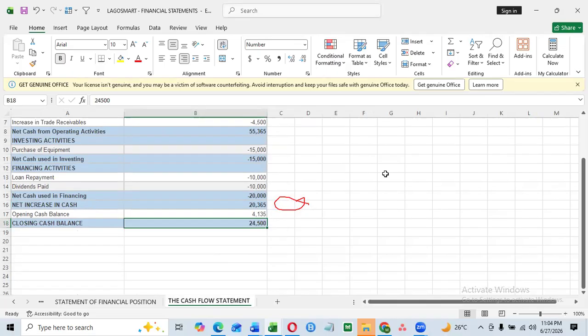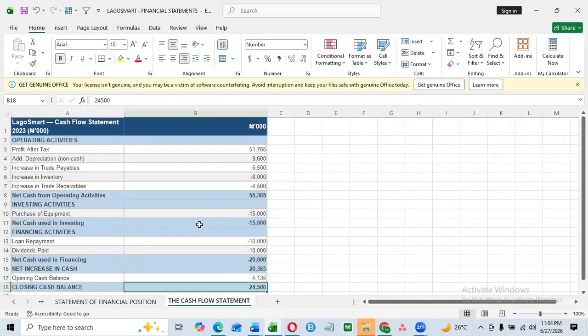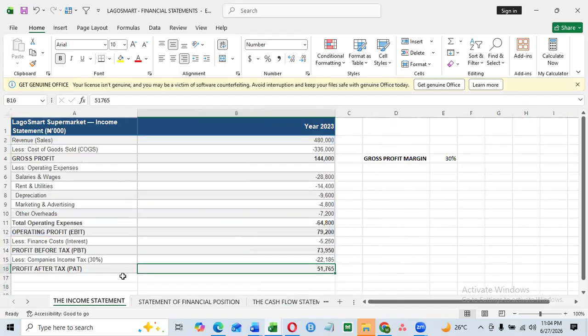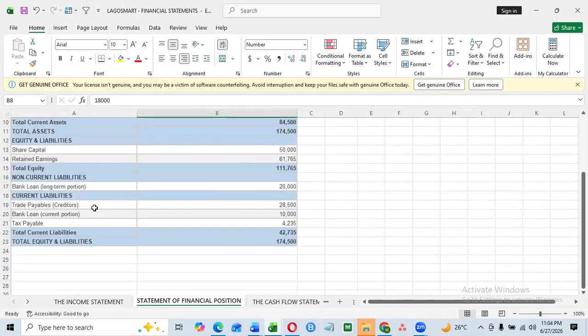So today we have covered all 3 financial statements: income statement, statement of financial position, and cash flow statements. I hope you know how they connect. Profits on the P&L fit into retained earnings on the statement of financial position.